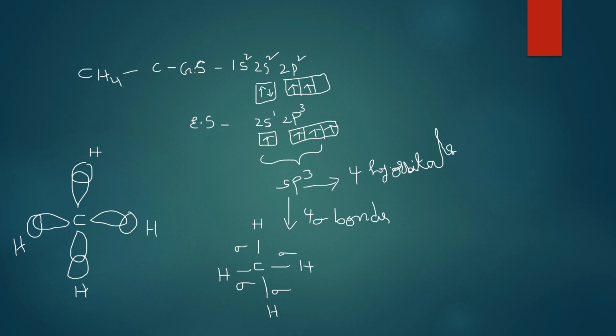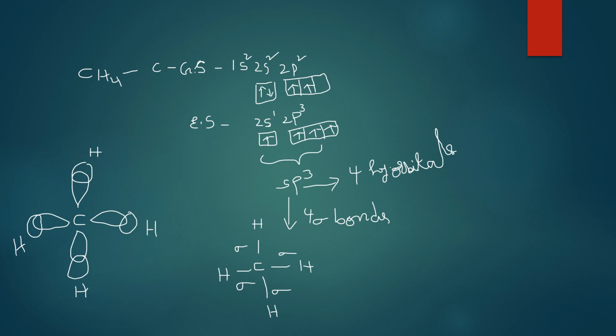According to the hybridization concept, we will get the shape of the molecule. Methane molecule shape is tetrahedral. Here, the carbon atomic number is 6. Electronic configuration is 1s2 2s2 2p2. If you look at the ground state electronic configuration of the carbon atom, it has 2 electrons at the 2s level and 2 electrons at the 2p level.